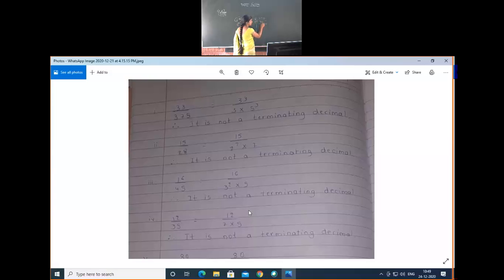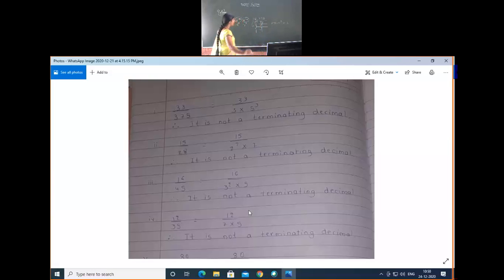Here 2 remaining, 25, 5 fives are 25. Again you can take 5, then 5 threes are 15. Now we have to take 3 only. So 3 ones are 3. You are observing that this 375 can be expressed in the form of 5 cube into 3, 3 raised to 1 only. Right, now 5 cube into 3.